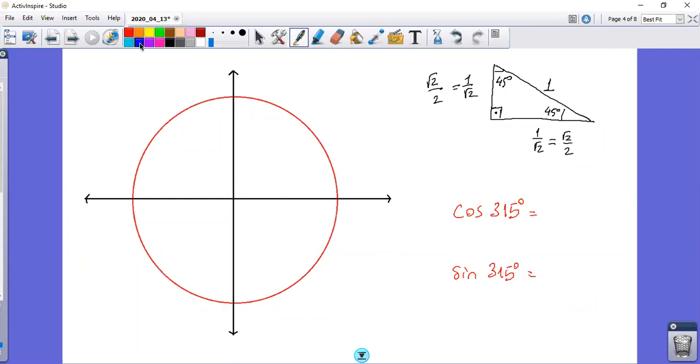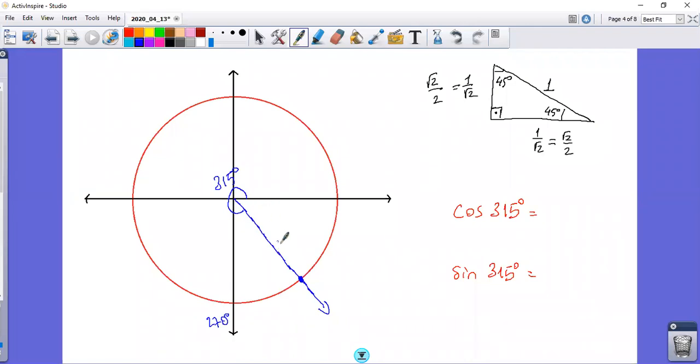So 315 from this all the way up to here, right? This is going to be this point. This is my initial side. No, this is my terminal side. This point is the intersection point, and this is 315 degrees. So 0, 90, 180, 270, and 45 more.